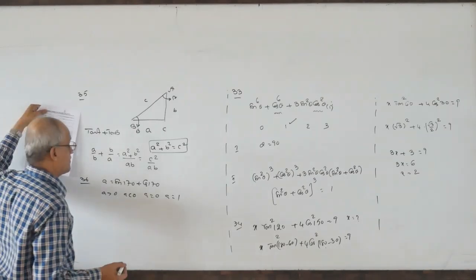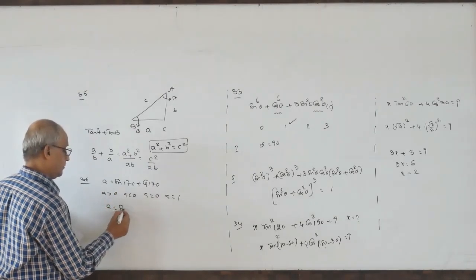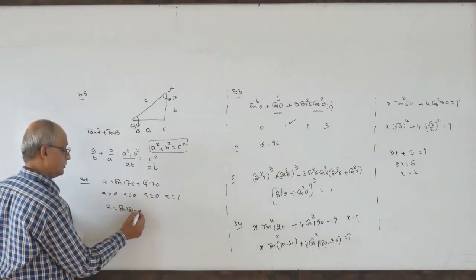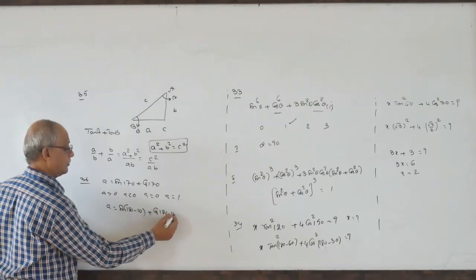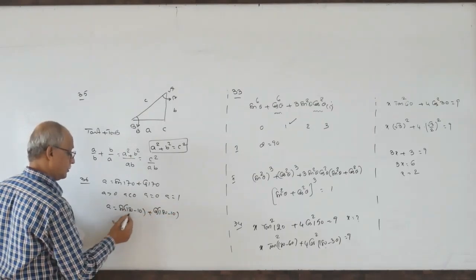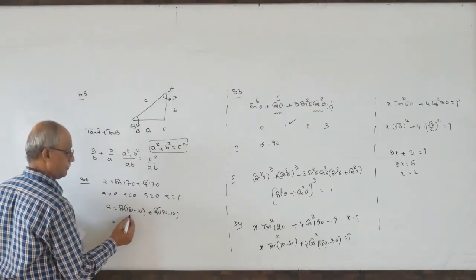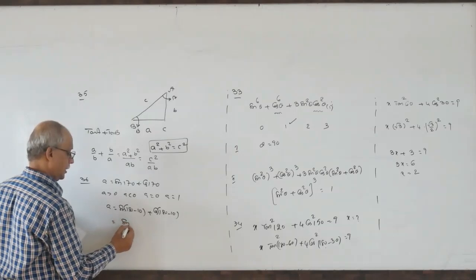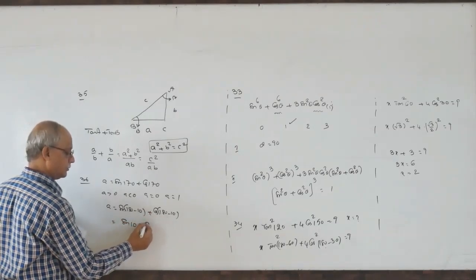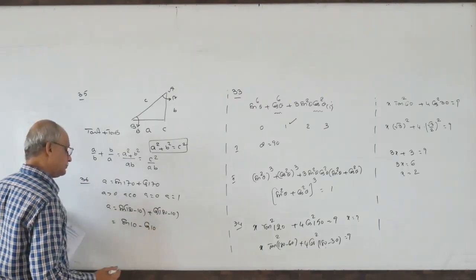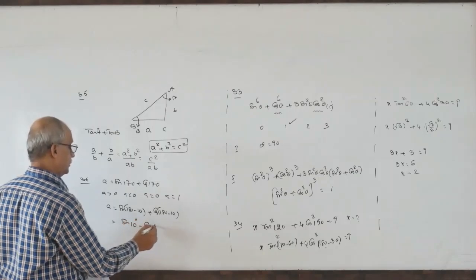Now you see, 180 minus 10, second quadrant. Sin 10, second quadrant, cos is negative. 10 degrees, actually these are all degrees.